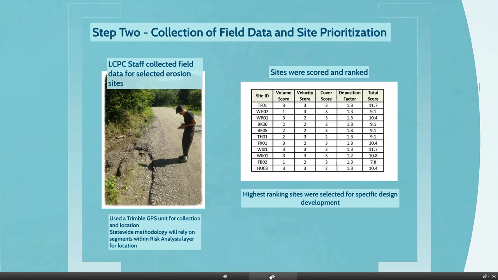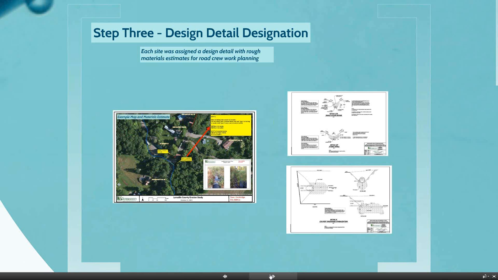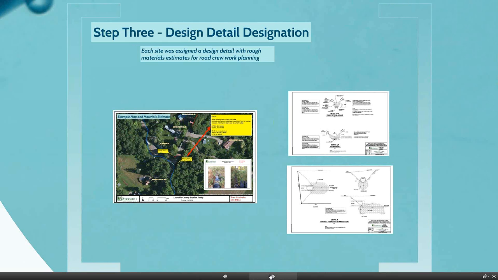And that really leads to step three of these processes: once you have that list of priority projects, you typically want to take the top tier projects and push those forward to design. And what we've done in the past is, for the top sites, the erosion categories that we were seeing time and time again could really fall into just a number of categories which you would see repeated from town to town to town.